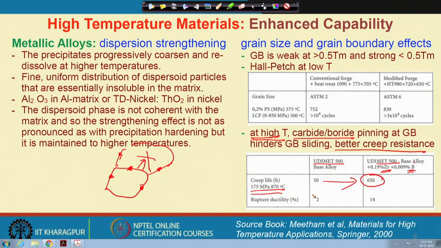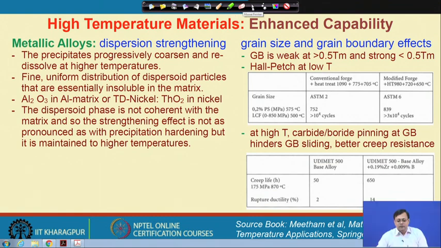You can see from 50 to 650 hours of use just by adding such kind of precipitate at the grain boundary, whereas the rupture ductility can also be improved. So, this is also another interesting or important way by controlling the grain size and introducing some grain boundary effect.